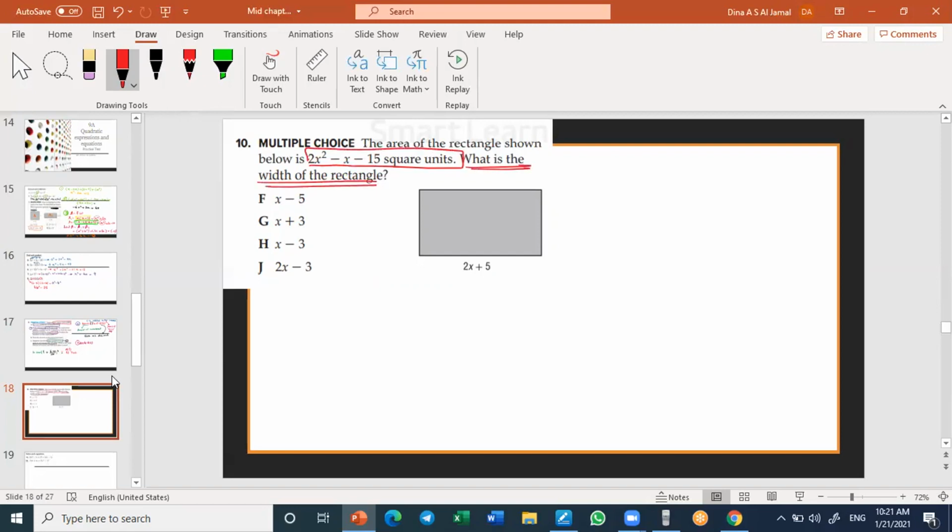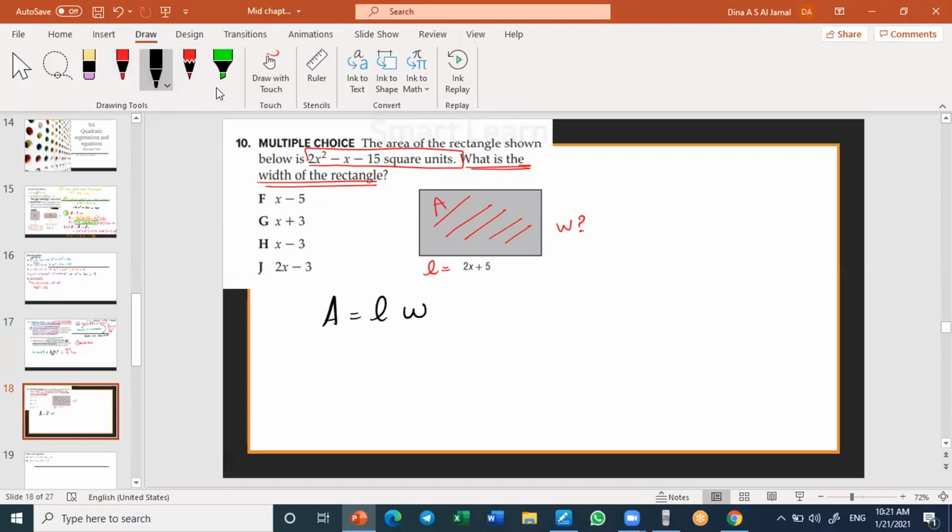Now, let's go to the question itself. He just gave you the area. So he gave you your length. He would like to have the width unknown. So we know that the area of any rectangle is length by width.